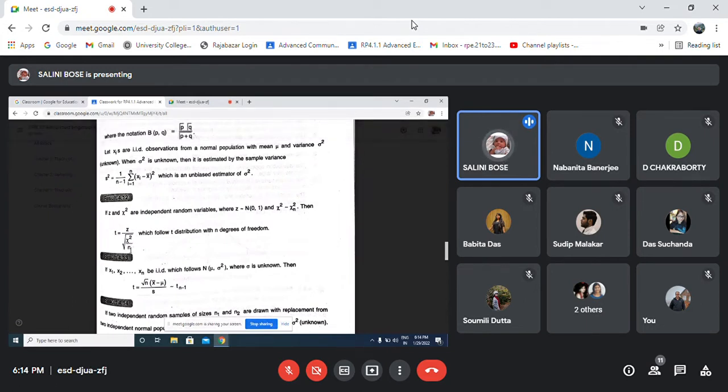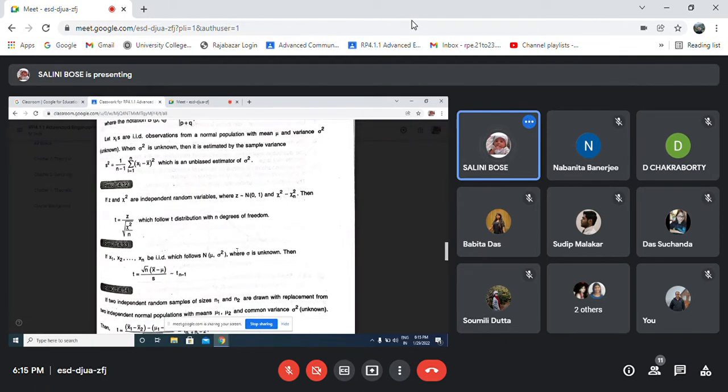Here n is the number of degrees of freedom, z is the standard normal variable, and chi-square is the independent chi-square random variable. So this is the relation between t, z and chi-square.